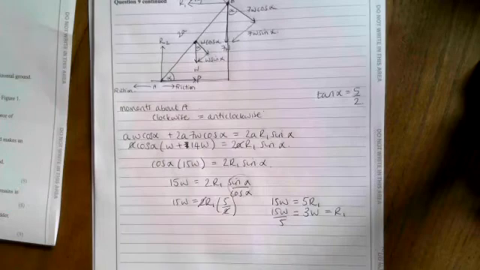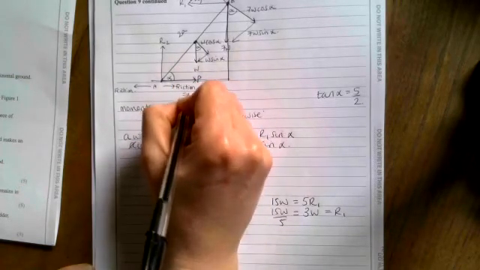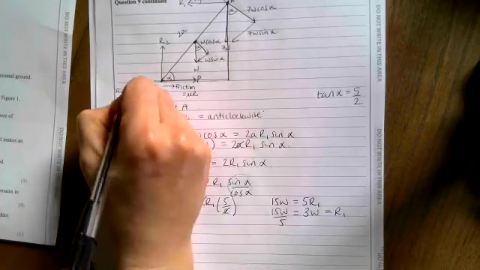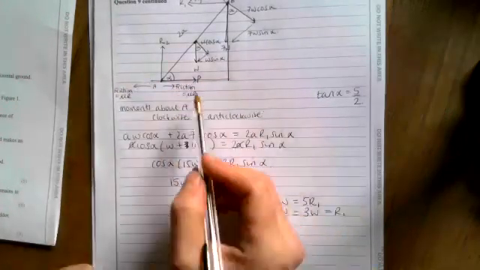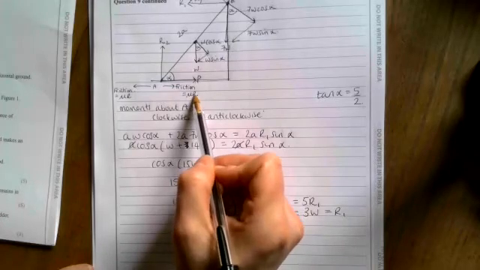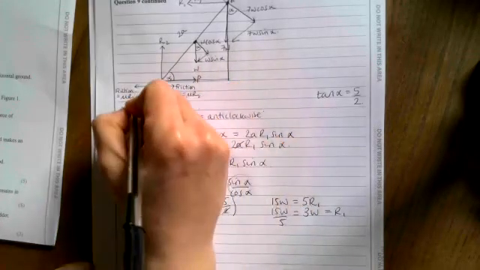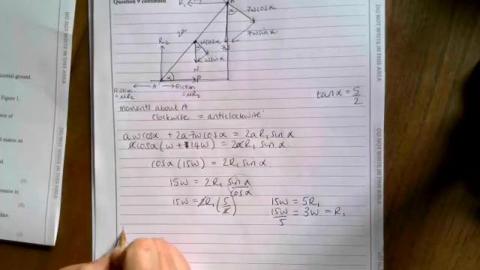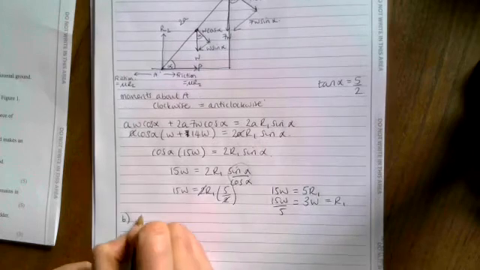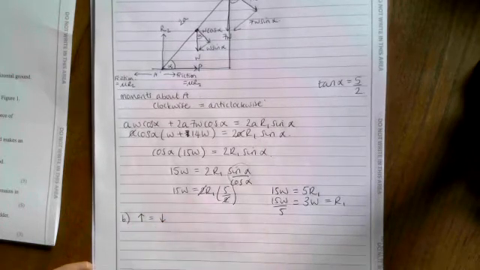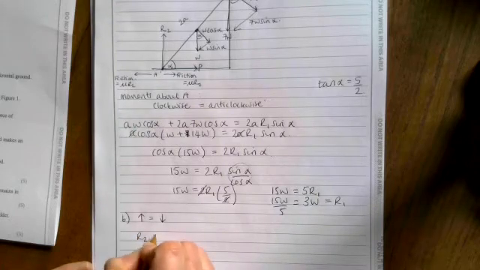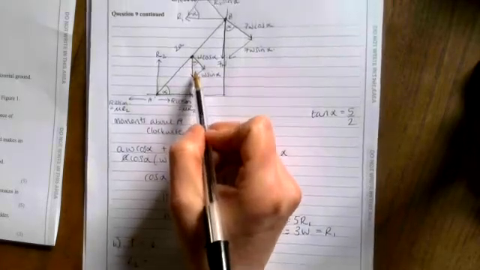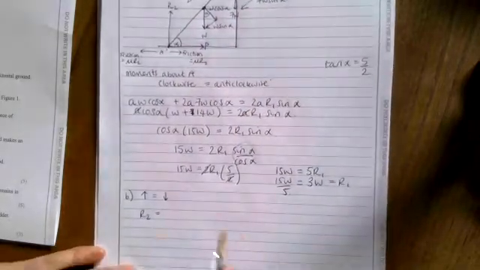So if we start off by thinking friction is going to be mu R, because it's at its maximum. So we're going to need R, and by R, I mean R2 here. It's going to be the normal reaction at this point. So let's start off by finding that. If we resolve vertically, up equals down, because it's an equilibrium, R2 is equal to W plus 7W.